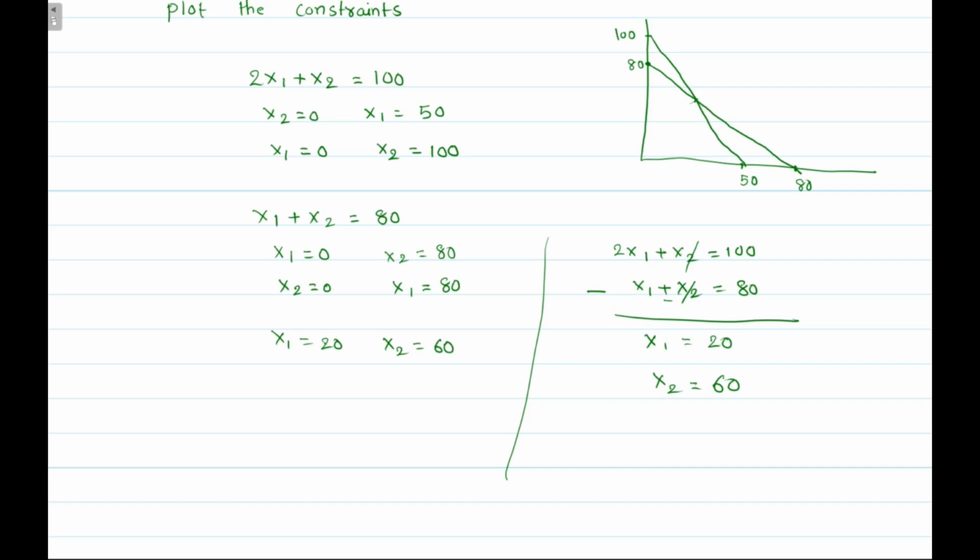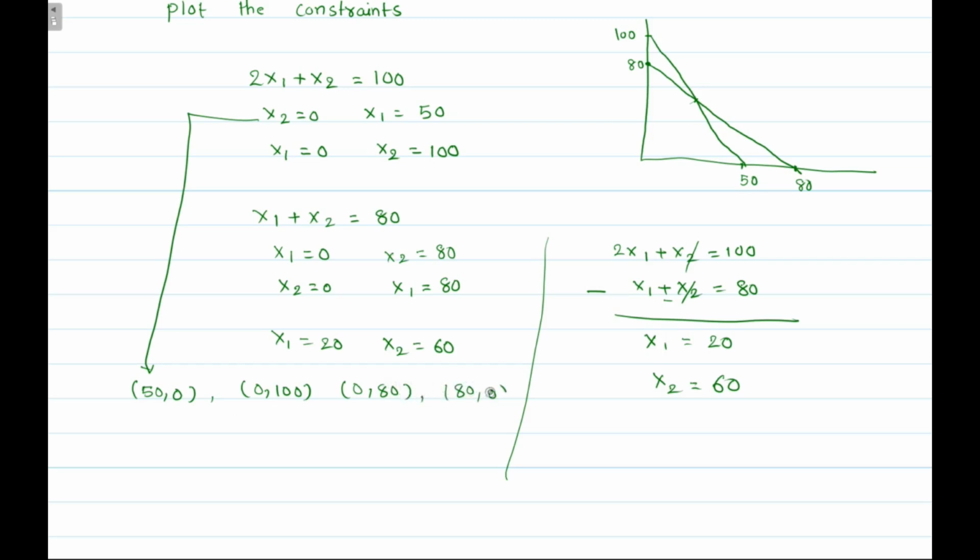So now take all the vertices. The first vertex is 50 comma 0, right? This one. And the second vertex is 0 comma 100. The third one is 0 comma 80. The fourth one is 80 comma 0.